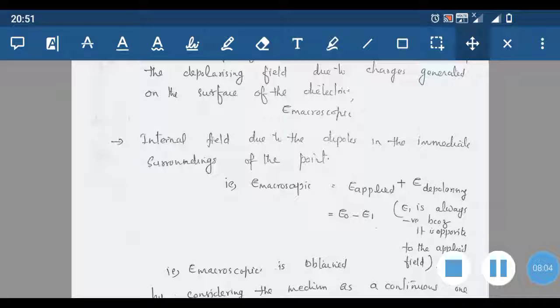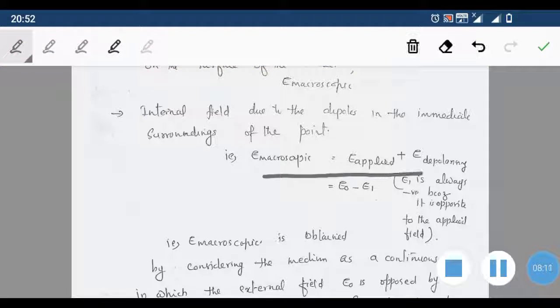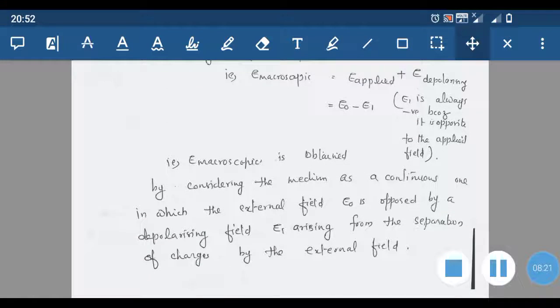So the first case we can write as E macroscopic is equal to E applied plus E depolarizing, where E depolarizing is always opposite to the E applied, so it is equal to E0 minus E1. E macroscopic is obtained by considering the medium as a continuous one in which the external field E0 is opposed by a depolarizing field E1 arising from the separation of charges by the external field.